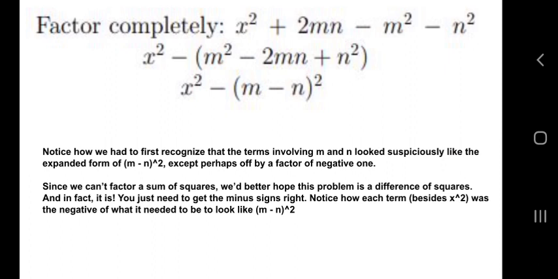We have x being squared, and then we're subtracting off m minus n being squared. If we have an a squared minus b squared situation, that's going to factor as a minus b times a plus b. So a is equal to x, of course, and b is equal to m minus n.